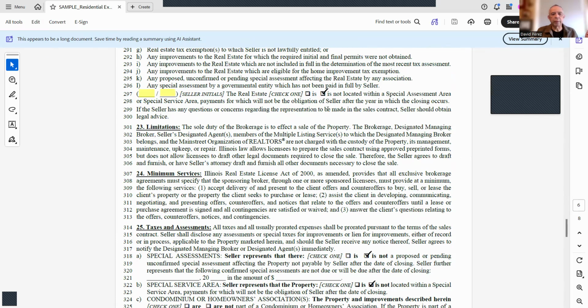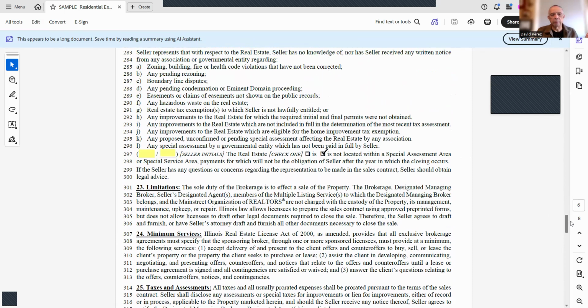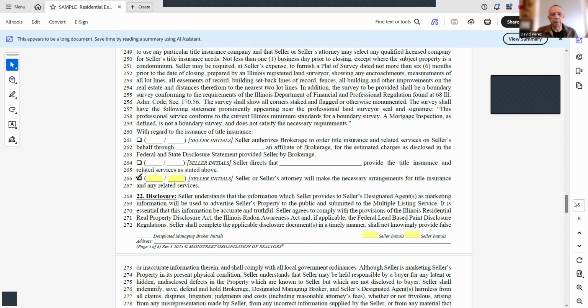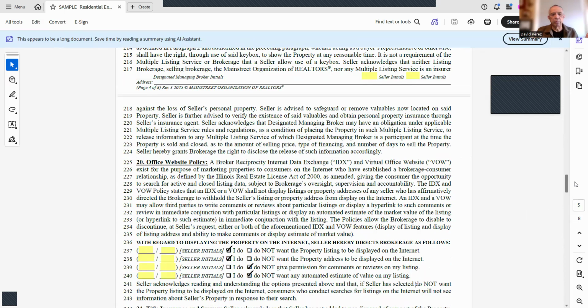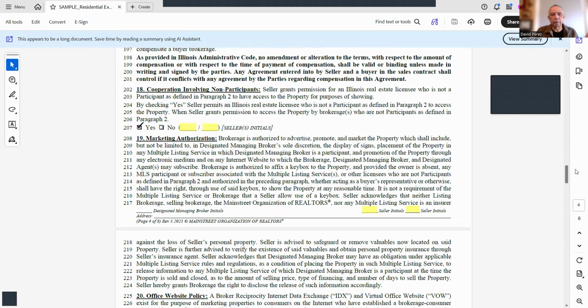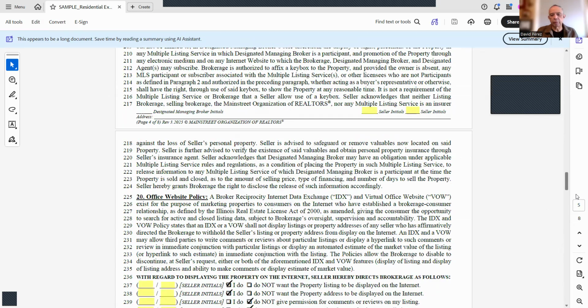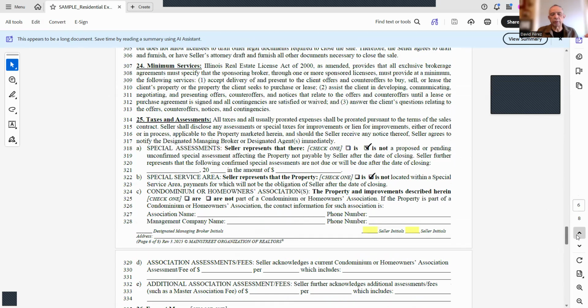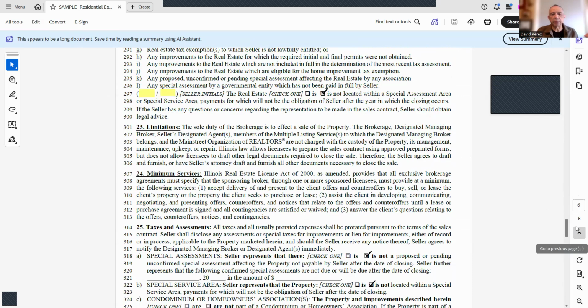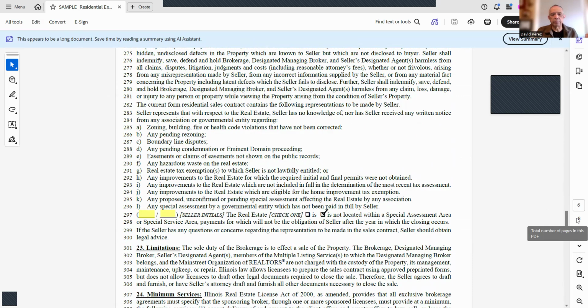We got here: the real estate is not located within a special assessment area, special service area. Again, this is being condescending, but we're repeating ourselves. I think we went through this once before, and I don't know why they do it in this contract, but it comes up again where it talks about special assessment area.